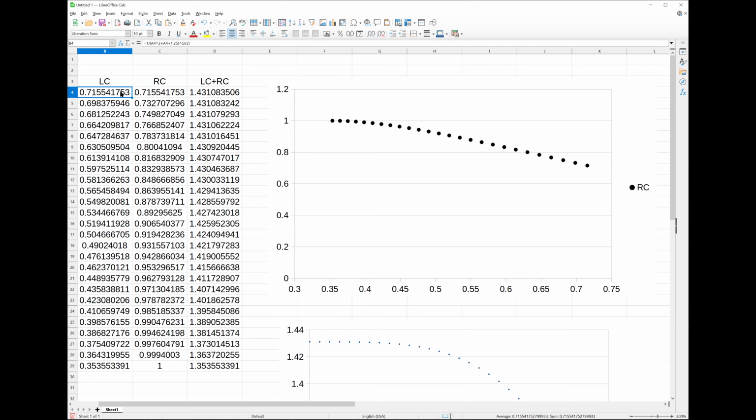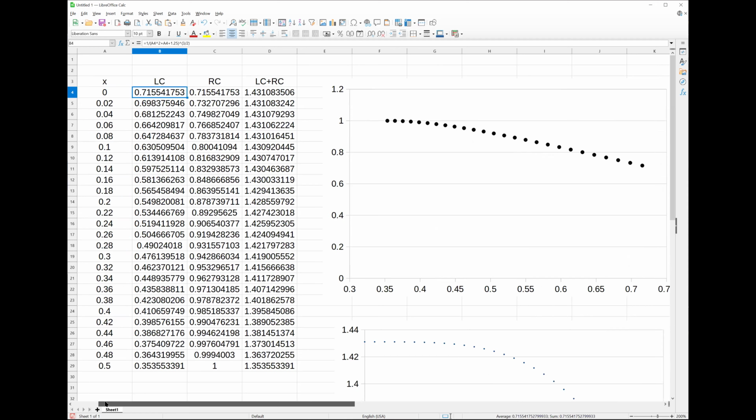Here are the values of x, and I have them go from 0 to 0.5. Remember, a is 1, and x is supposed to go from 0 to 1/2 of 1, so 0 to 0.25. And I just made step sizes of 0.02. And so it looks like that.